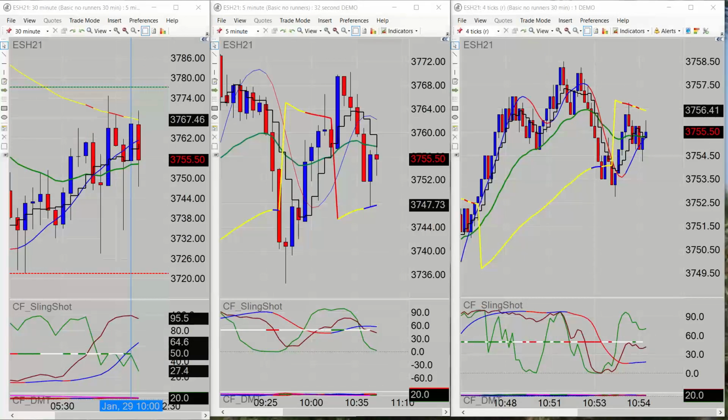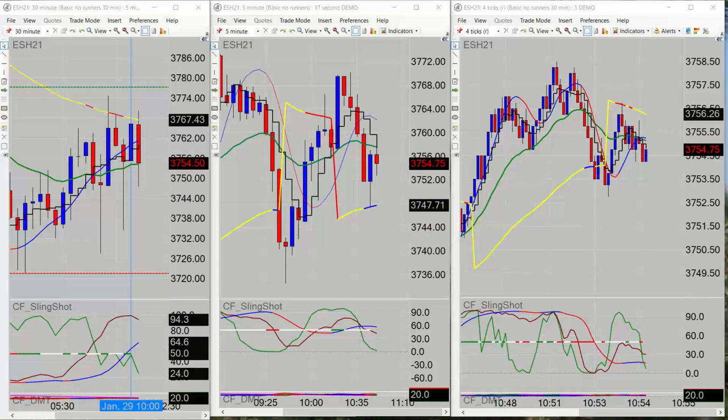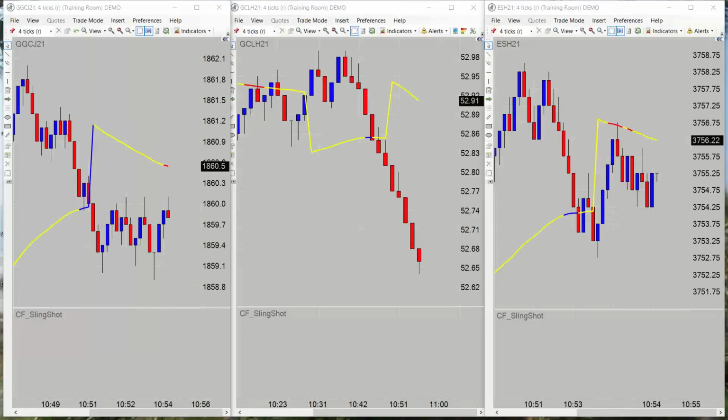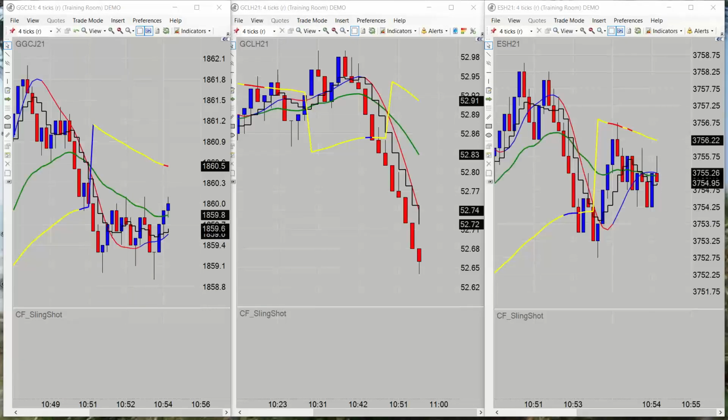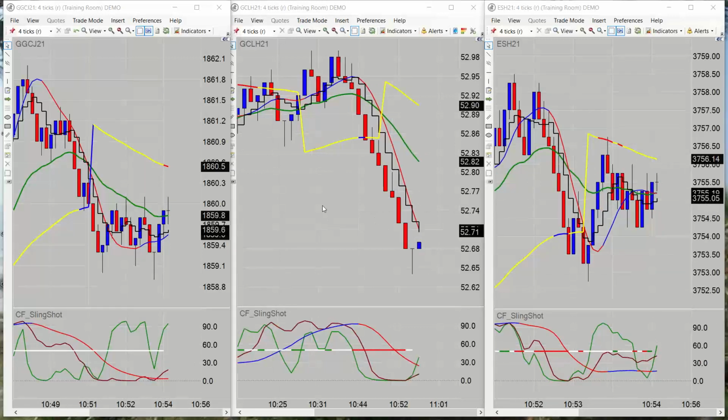So we'll go back to the ES, and let me leave this workspace. Okay, and so I'm back to the training room view.